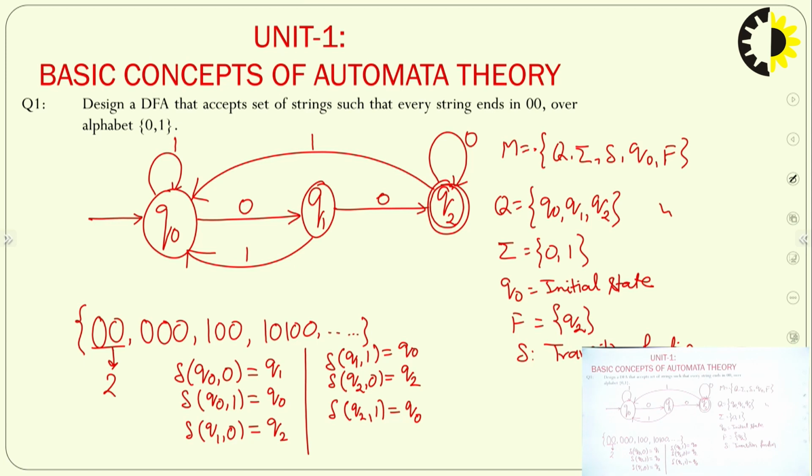So this is the transition function. This transition function we can show in the transition table also, right? So how do we make the transition table for the given transition function?